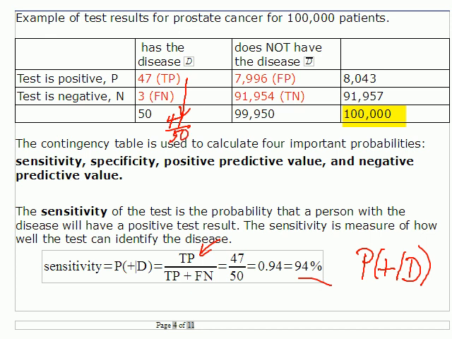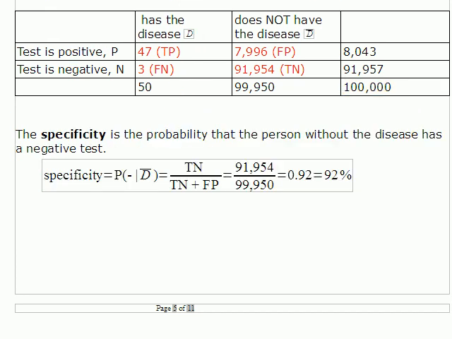Now we're going to move on to the specificity. The specificity is the probability that a person without the disease will have a negative test. So in our notation, that's the probability the test comes back negative given the person does not have the disease.